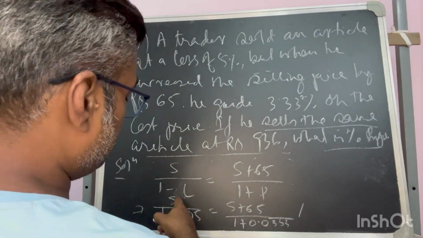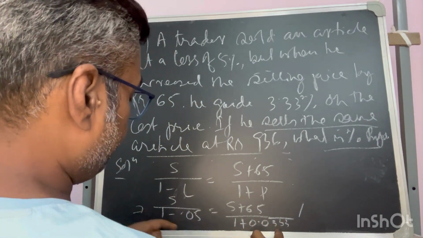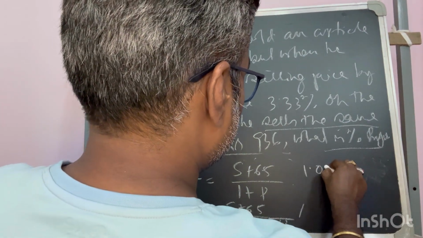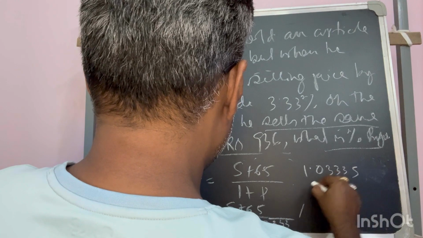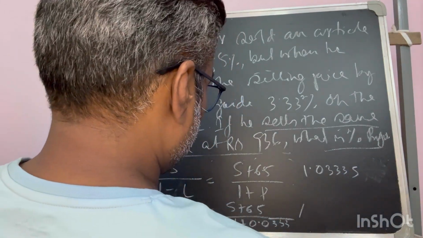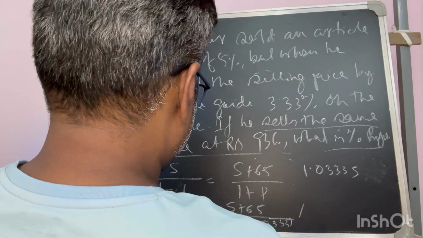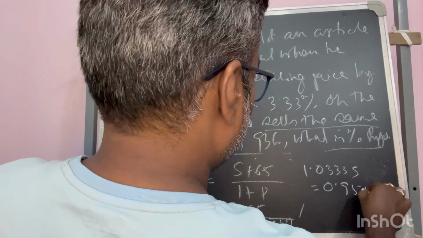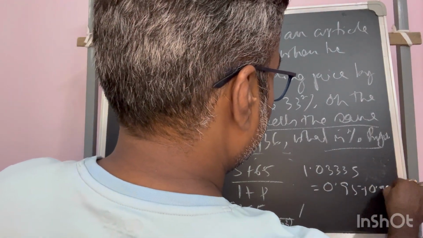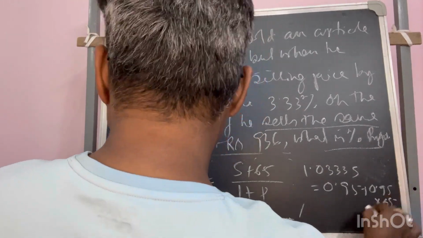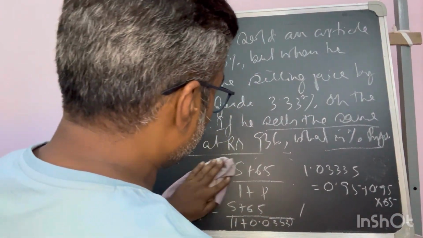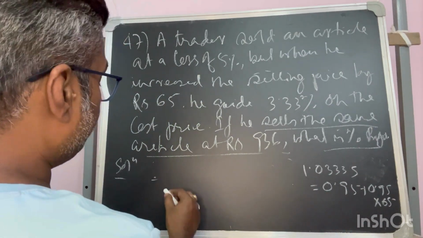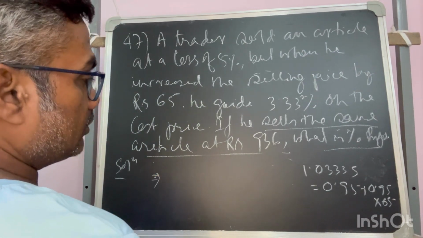Now from this, I have to multiply. So S into this will be 1.0333 S. If I multiply, adding up, and this is 0.95, plus 0.95 into 65. So this will be the ultimate result. Now if I have to calculate, I can bring this to this side.